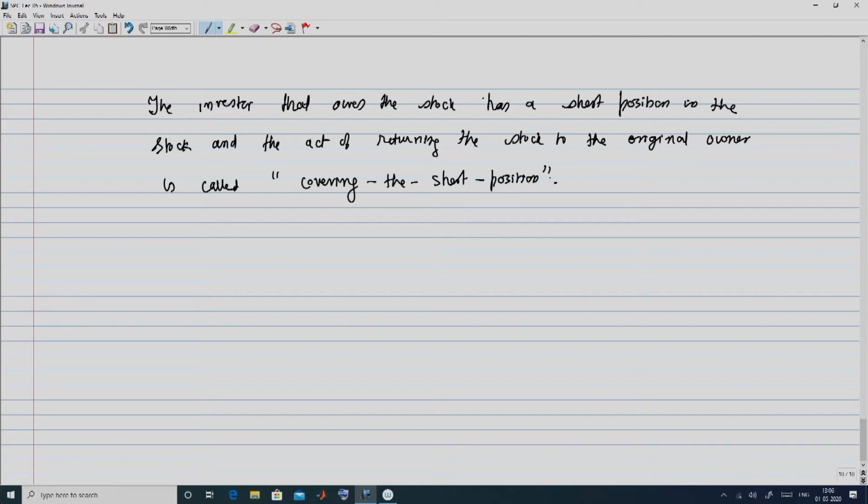So, let me elaborate a little bit on this. Suppose that I am an individual investor who decides that, observing the market pattern, a stock is overvalued, that means it is priced higher than it should be, and I expect that the market will correct itself and its price will come down. Now, if I own the stock, then obviously I am going to sell it at a higher price. However, if I am not in ownership of the stock, I would like to take advantage of getting this higher price.